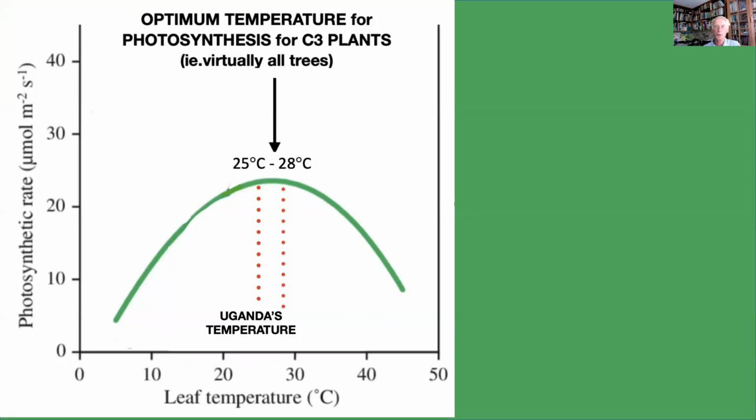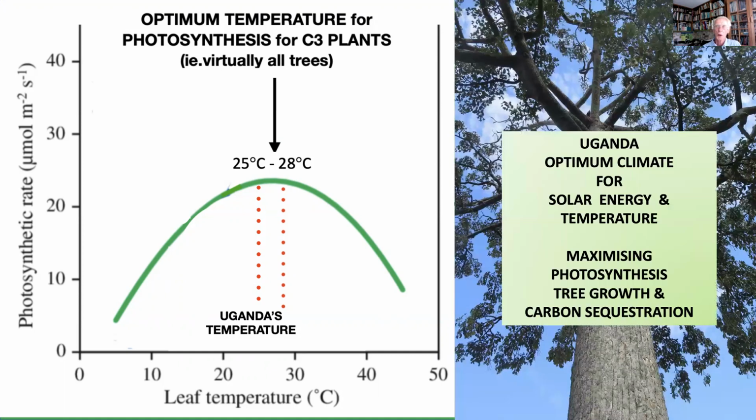Well, that just pretty well happens to be Uganda's temperature throughout the year. But it's certainly not the temperature throughout the year for somewhere like the United Kingdom. So in other words, Uganda has an optimum climate for solar energy and temperature. It maximizes photosynthesis, tree growth, and carbon sequestration.